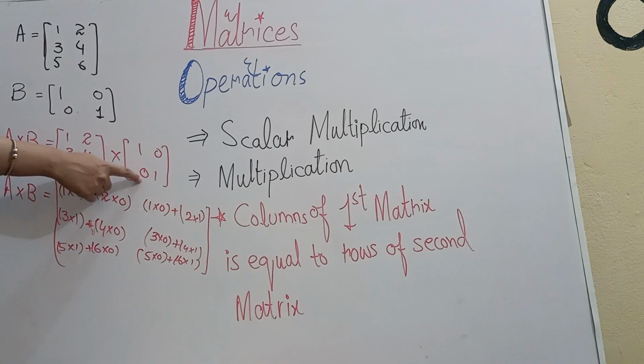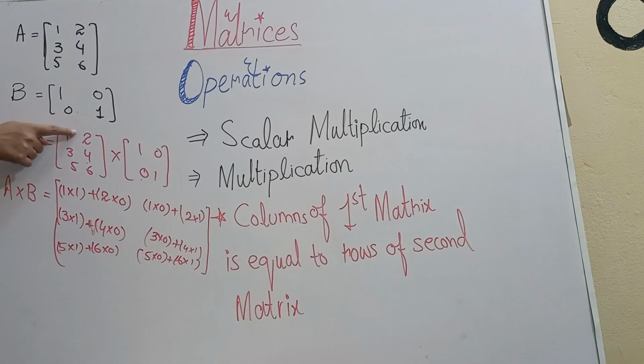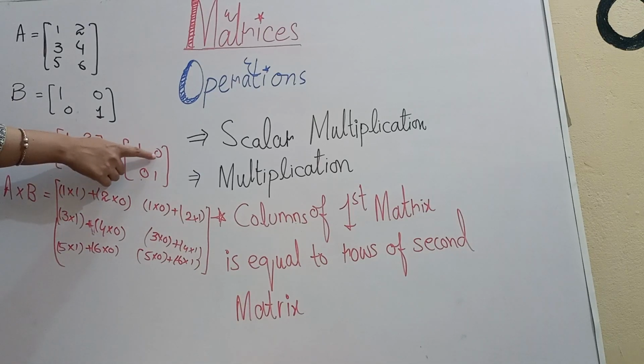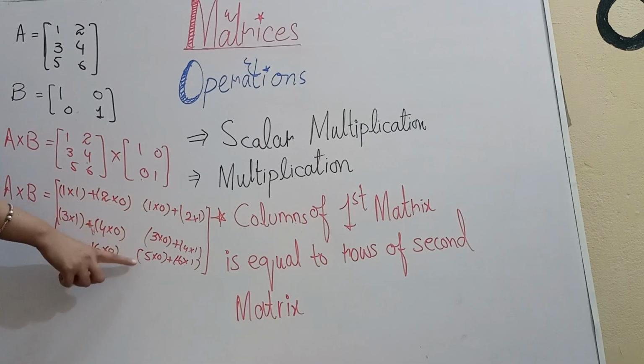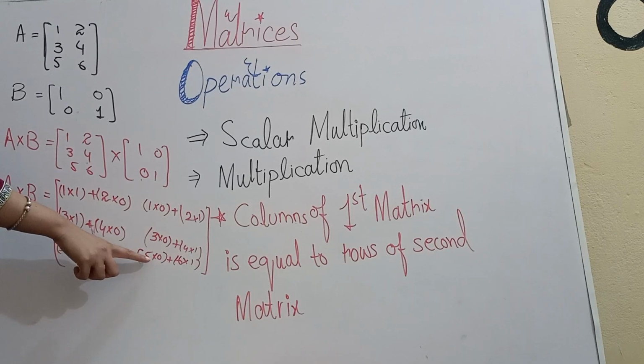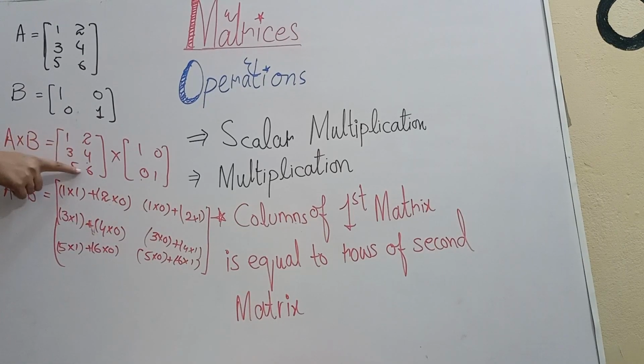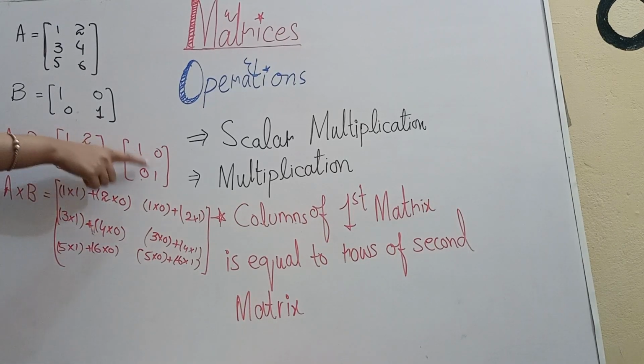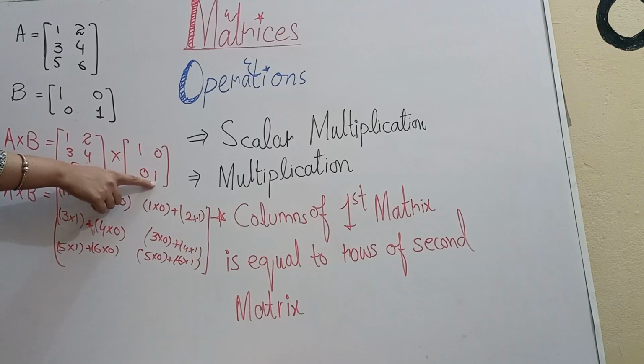Plus the second elements, 2, 4, 6, are multiplied by 0. Similarly, the same numbers 1, 3, 5 are multiplied by 0. And similarly 2, 4, 6 are going to be multiplied with the second number, that is 1. So in this case, you can verify that you are solving your mathematical question rightly.